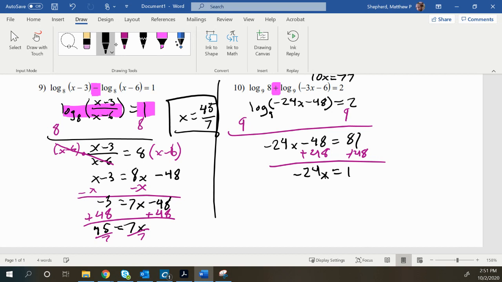It's equal to 129. Divide by the negative 24. And x is equal to 129 24ths. And let's not forget that needs to be negative.